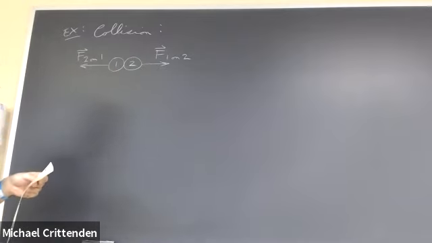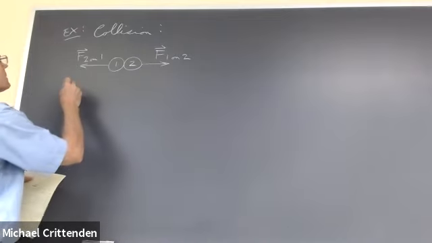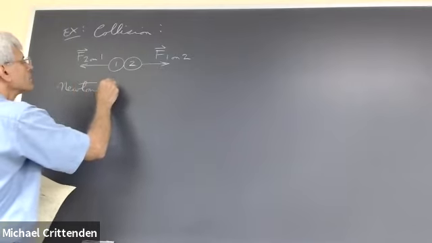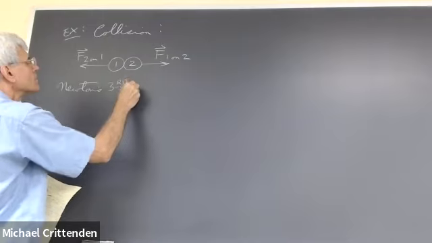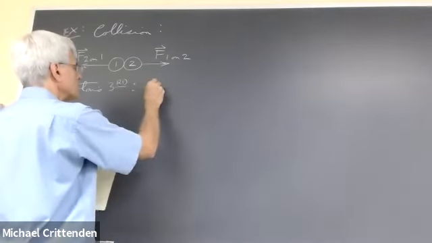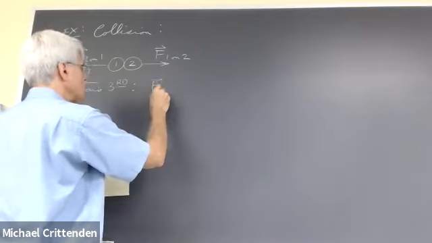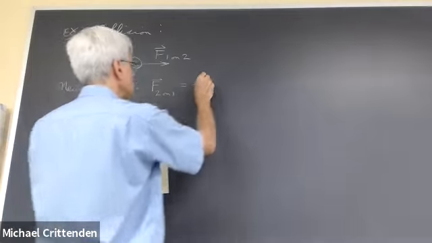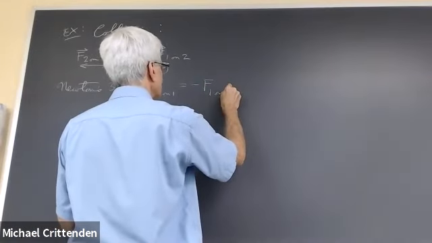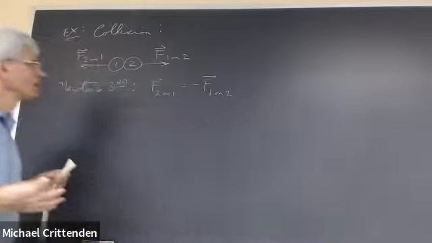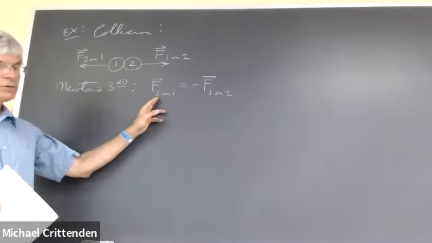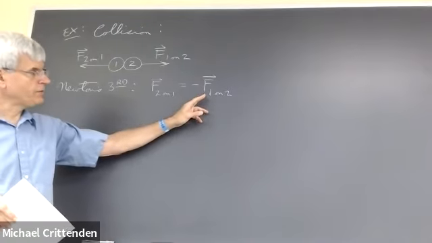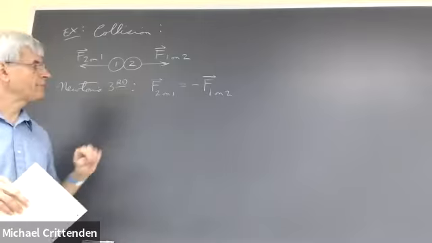Because of the third law, these forces are equal and opposite. So the force that 2 exerts on 1 equals the negative of the force that 1 exerts on 2, equal and opposite.